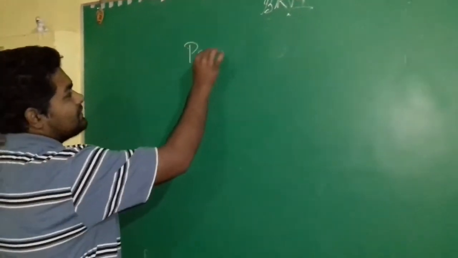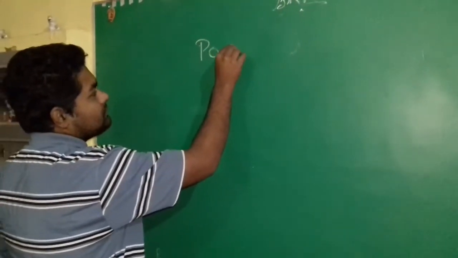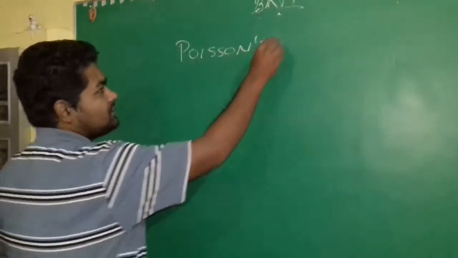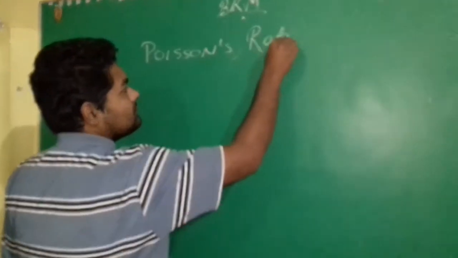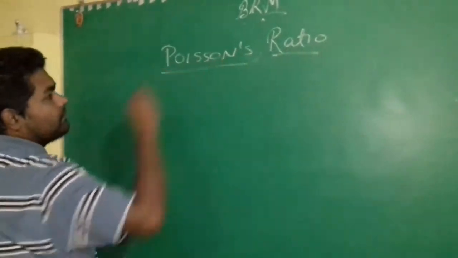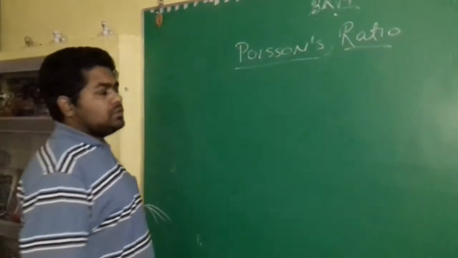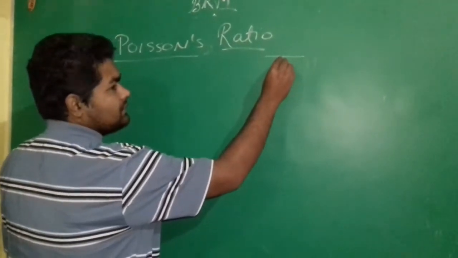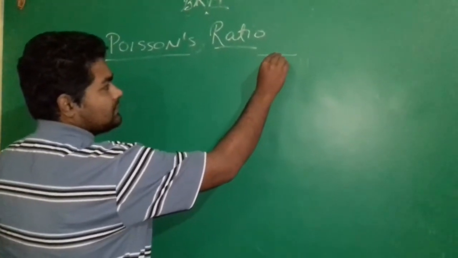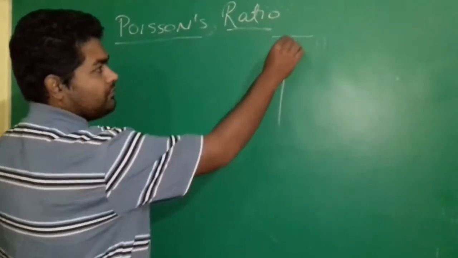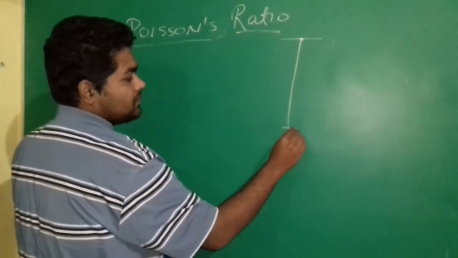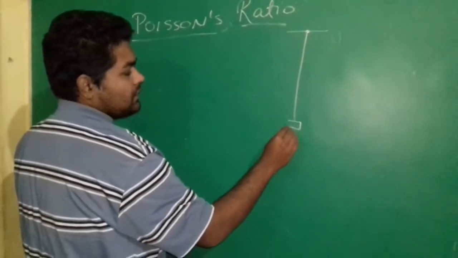Today's topic is Poisson's ratio. Suppose any wire is suspended from one end and loaded from the other end.